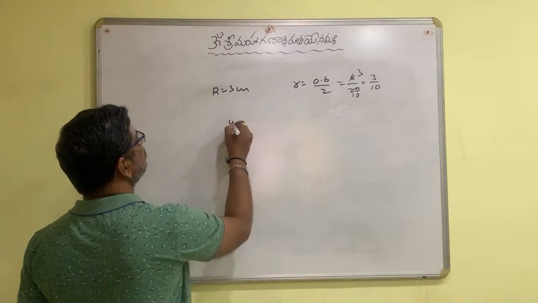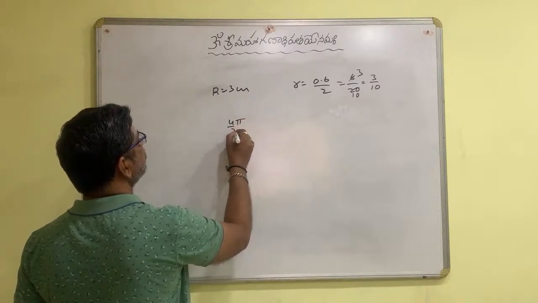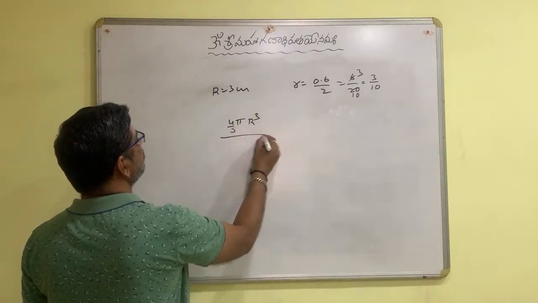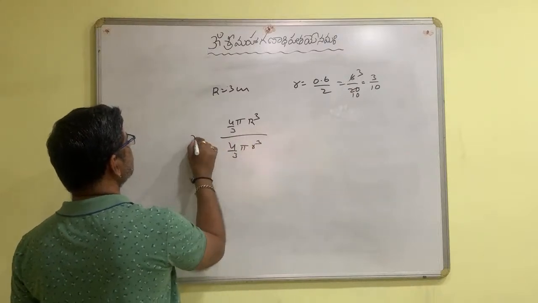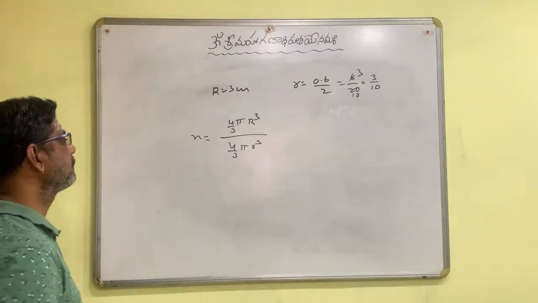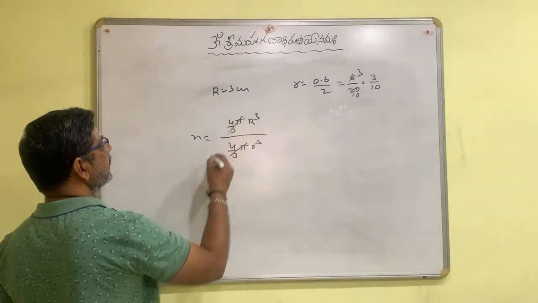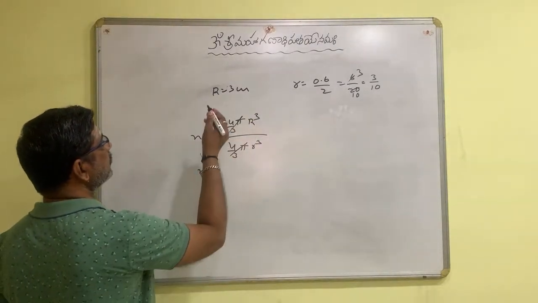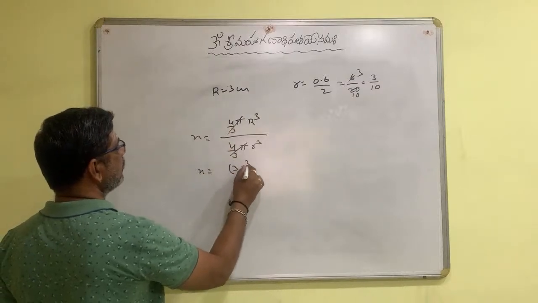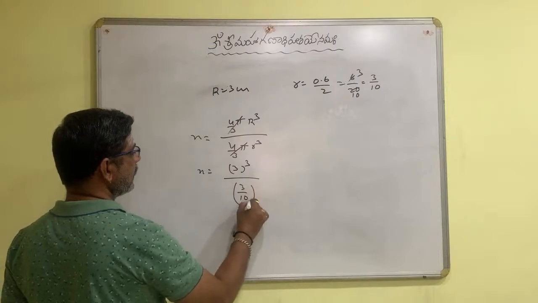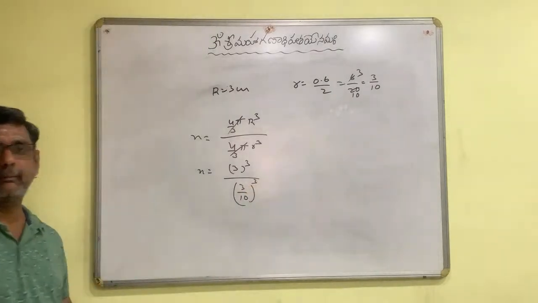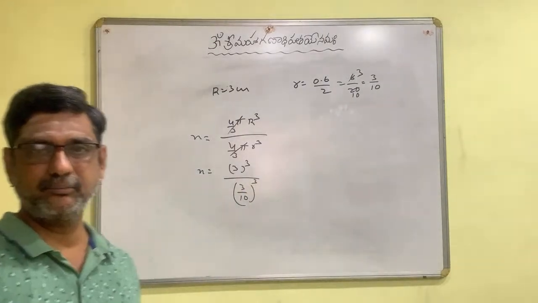Again the same: volume of big sphere by volume of small spheres gives the number of spheres. 4 by 3 pi get cancelled. N is equal to capital R cube by small r cube.